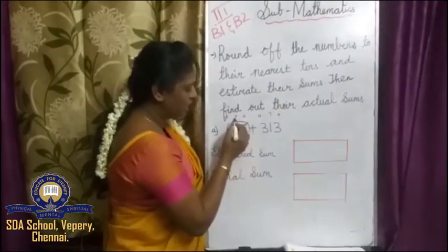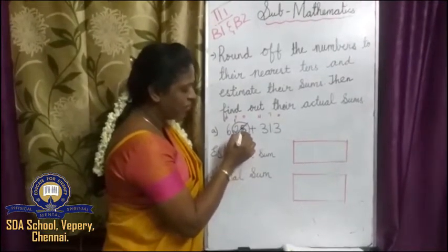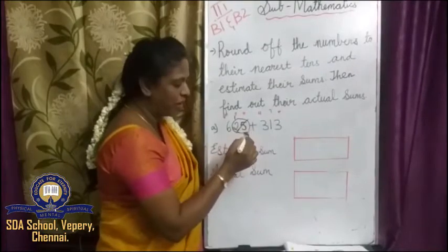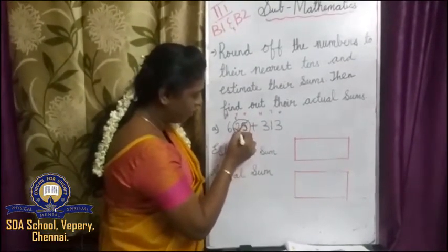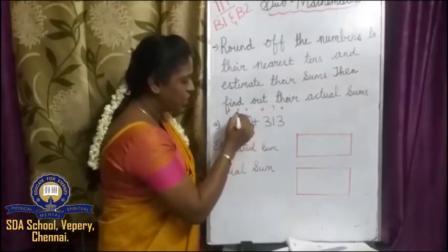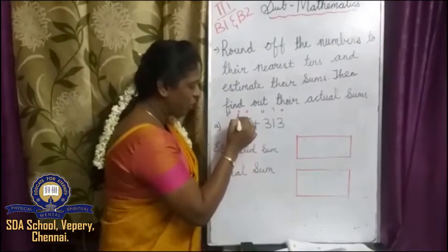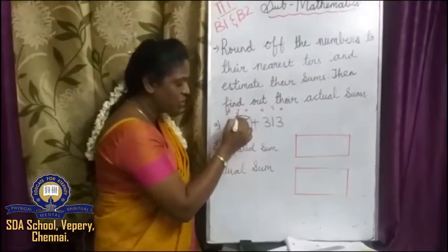So you have to make changes in the tens place. So you are cancelling 5 and putting 0. And in tens place you are adding 1 to the digit.